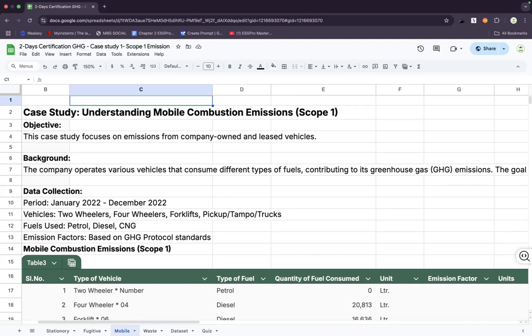Anybody else who can tell us what all machinery you use as a mobile, which is called mobile combustion, which emits mobile emission. एक vehicle हो गया. I think gensets also. Gensets as well, correct. If you have a generator set which is mobile, you use it here.